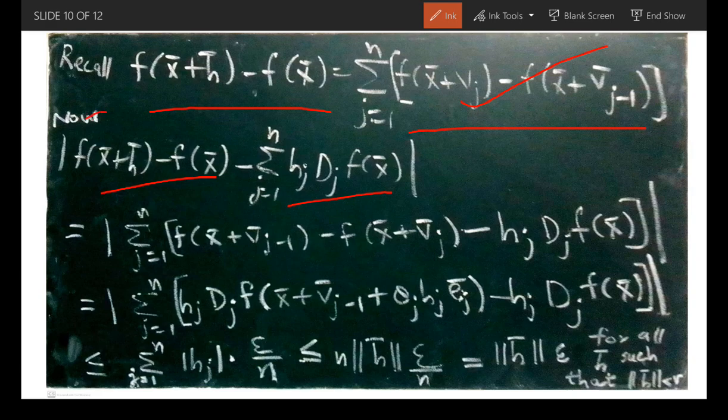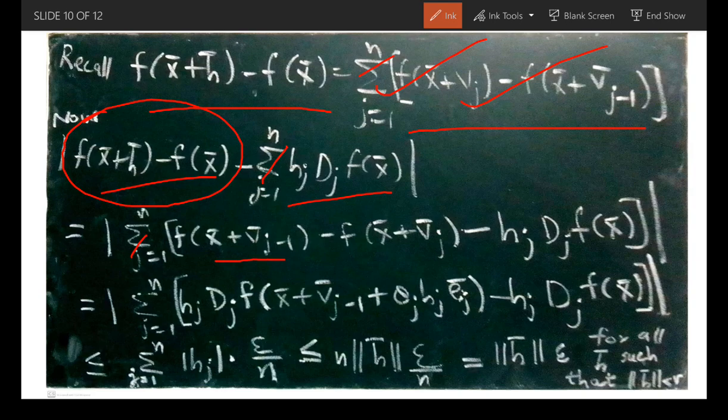So replace f(x + h) − f(x) with this expression. So there is a sigma here, and another sigma which is here. So we have two sigmas running from 1 to n.